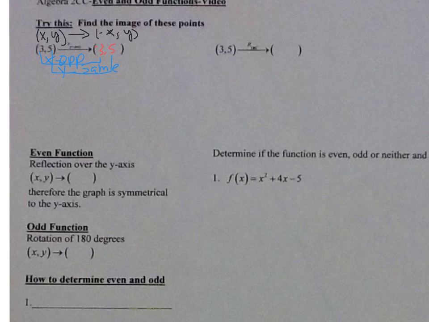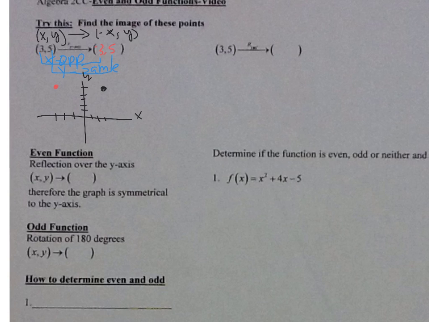All right, so remember when you have a reflection over the y-axis, I'm just going to do a quick graph of this, (3, 5). So there's (3, 5). And when I reflect over the y-axis and I get (negative 3, 5), that's over here, the points are symmetrical to the y-axis.